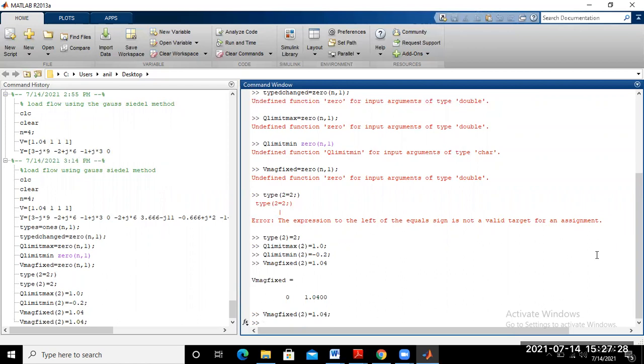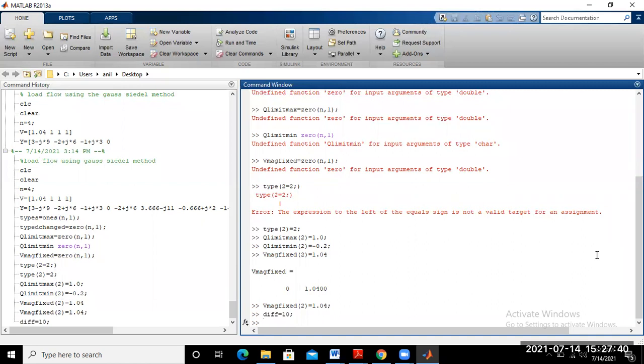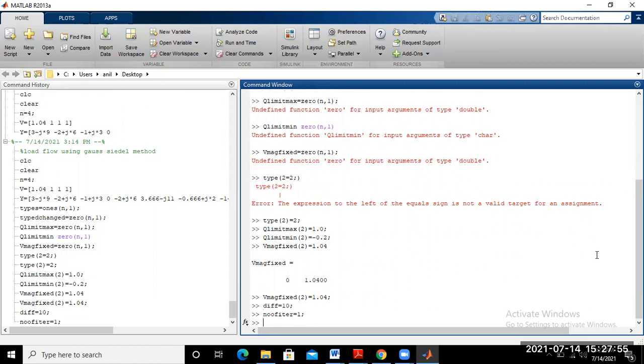So difference equal to 10, so equal to 1. If the voltage equal to V.